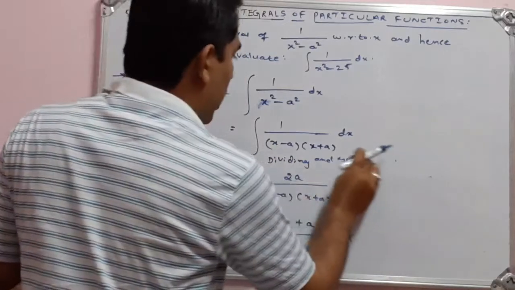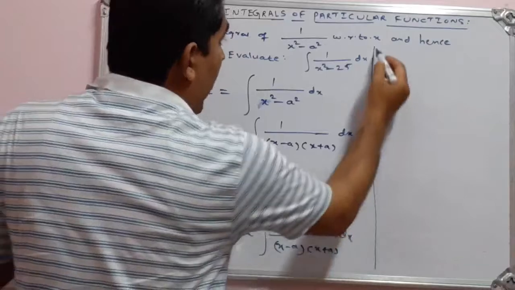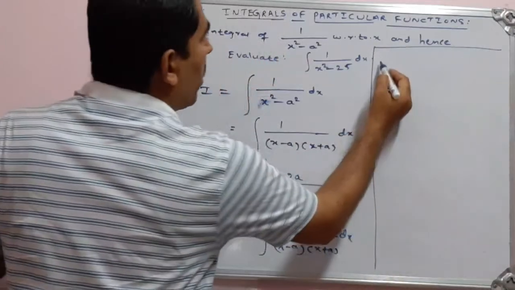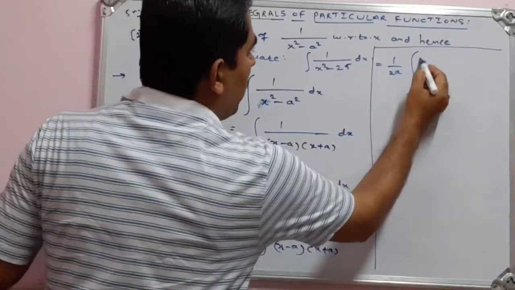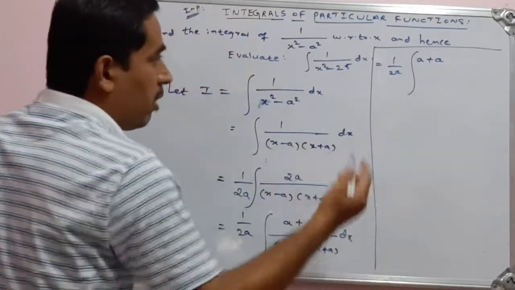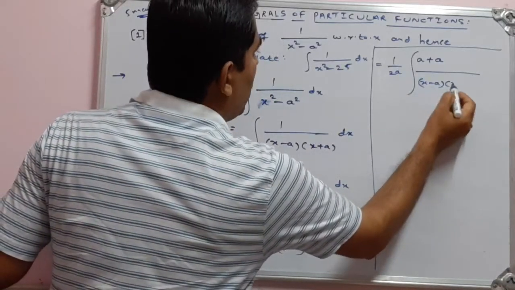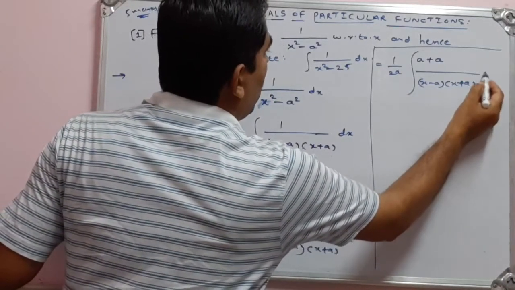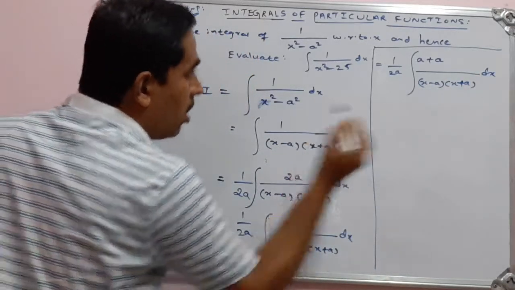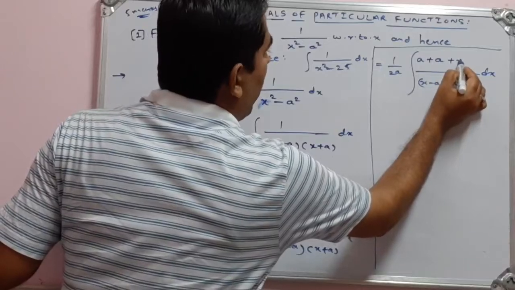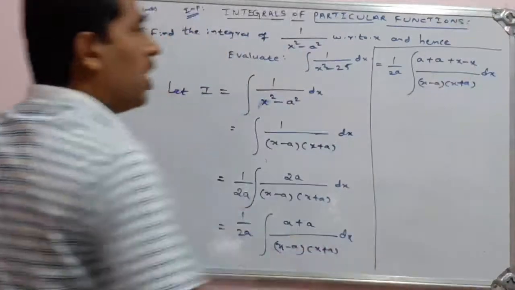So adding and subtracting in the numerator. I will write it as it is here: 1 by 2a into integration of a plus a, and I write the denominator as it is, x minus a into x plus a, with respect to x. In the numerator I want to get x along with a, so I will add x, and the same thing can be subtracted here, so the result will be nullified.